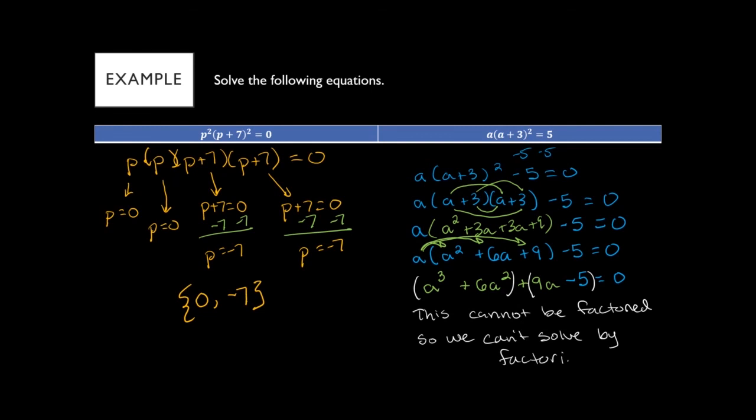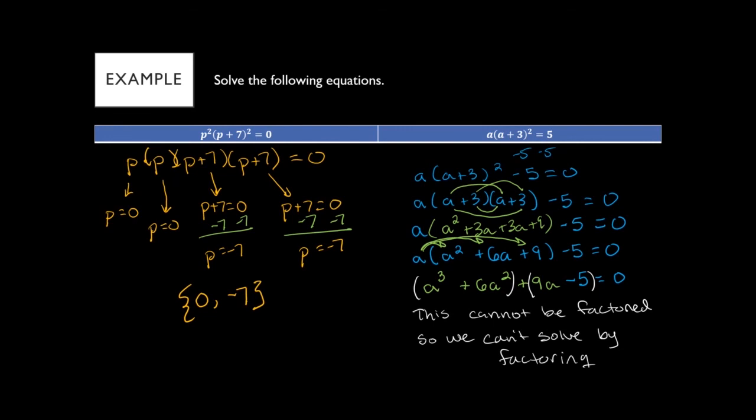And that is where you need to try a different method. For something like this, where you have an a cubed and 4 terms, that's not going to be covered until week 6. So at this point, all you can say is that this cannot be solved by factoring.